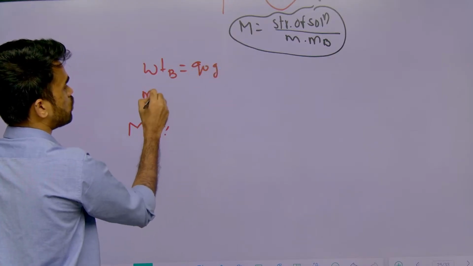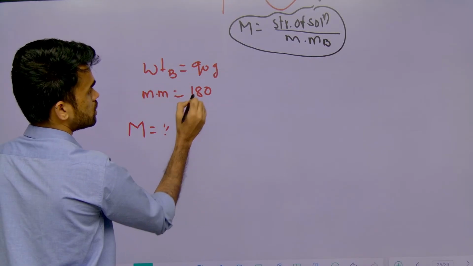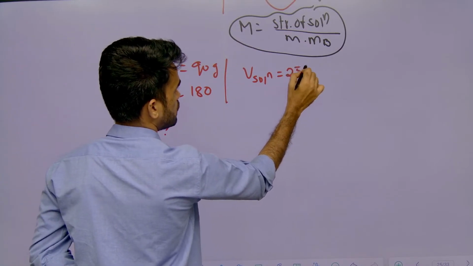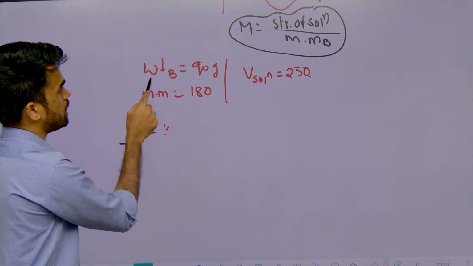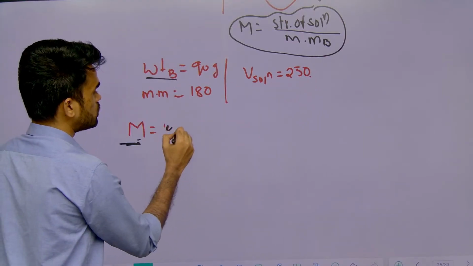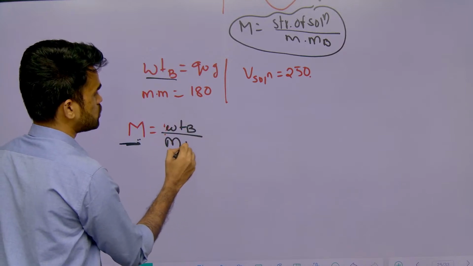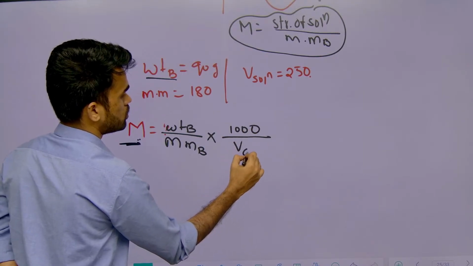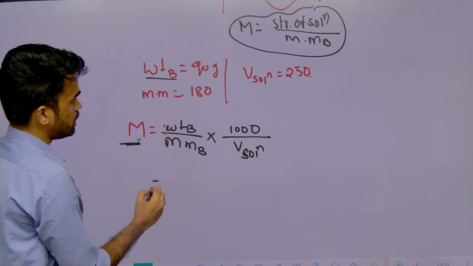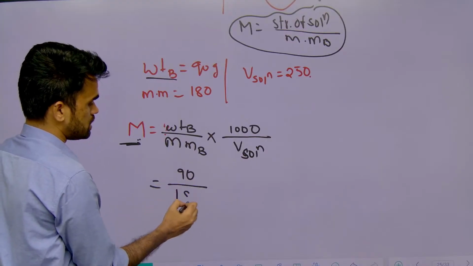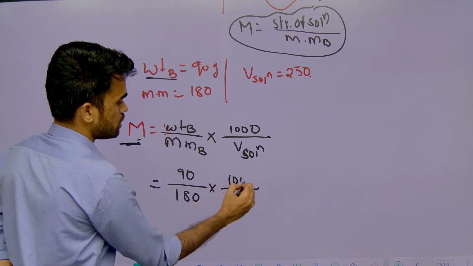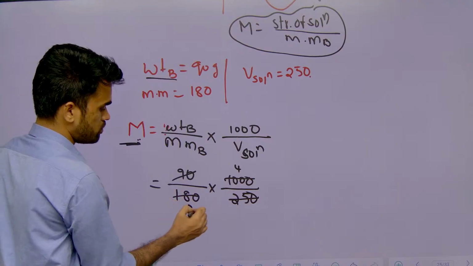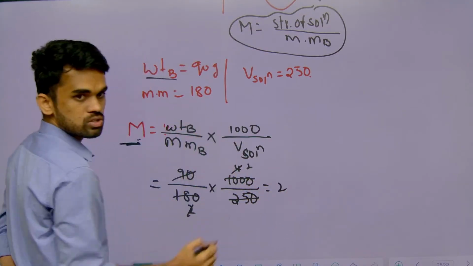What is the molar mass of glucose? 180, we know this. Next, volume of solution, how much did I tell you? 250 ml. So now what is the relation between molarity and solute weight? Weight of solute by molar mass of solute into 1000 by volume of solution in ml. So it is 90 given weight, molar mass is 180, into 1000 by 250. So this will be 4 times, this will be 2 times 2. So we can say it is a 2 molar solution.